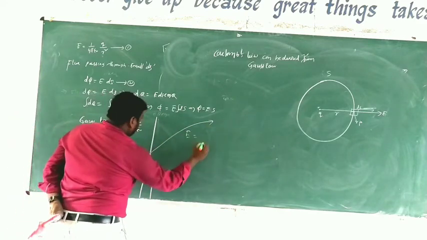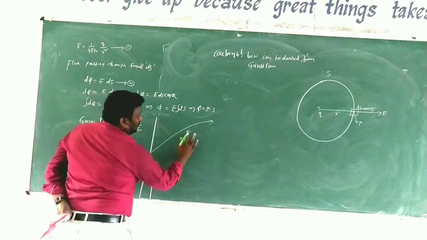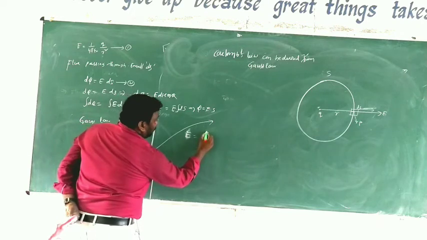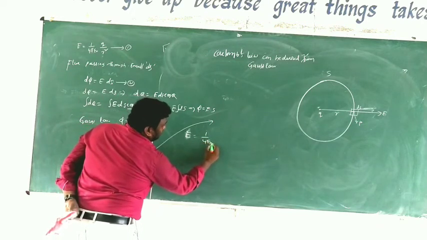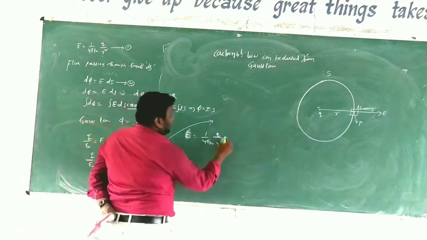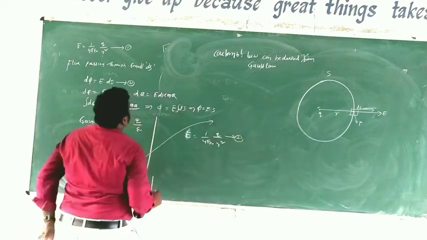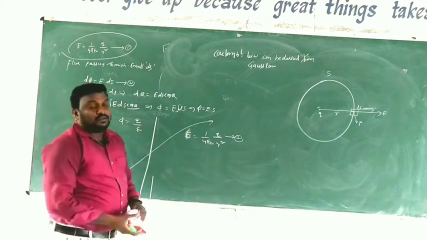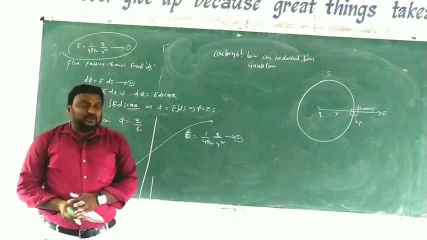E is equal to 1 by 4 pi epsilon naught into Q by r square. This is the electric field intensity at the point P. So that is equation number 1. Clear? That means we derive it like that only.